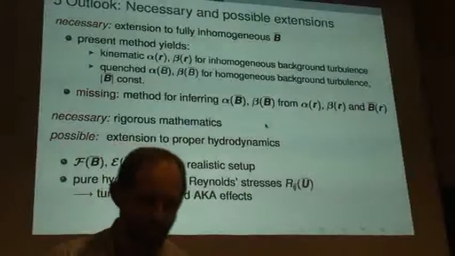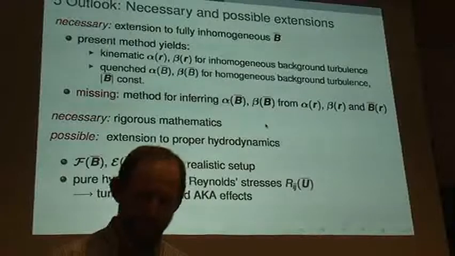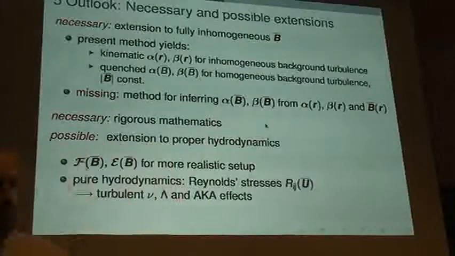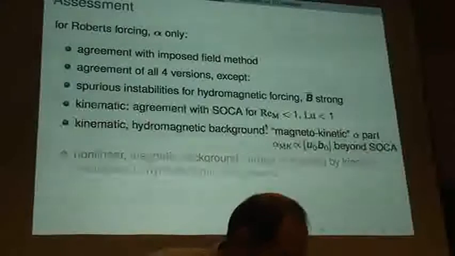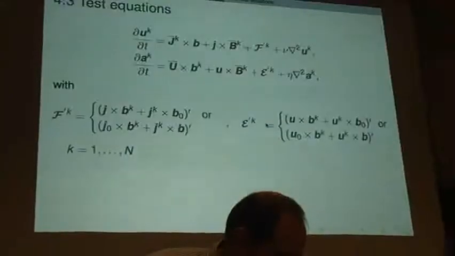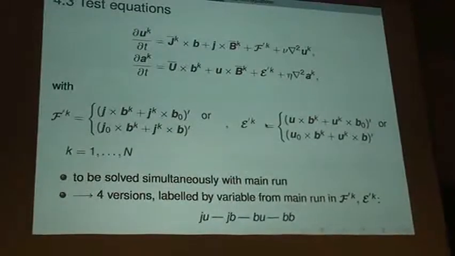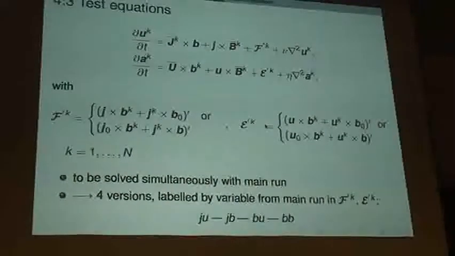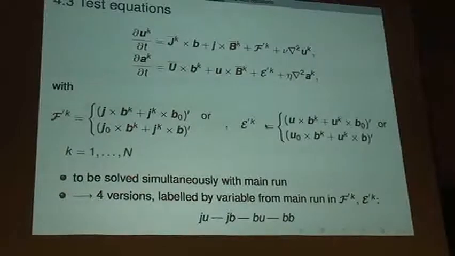Any questions, please? I'm a bit confused by the 4 test field methods. Maybe you can go back to that slide with UD, JD, BV. So these are really 4 sets of equations. You see the combinations possible.